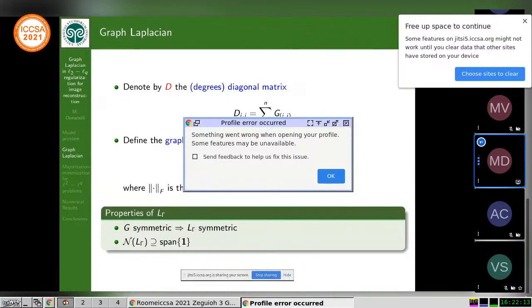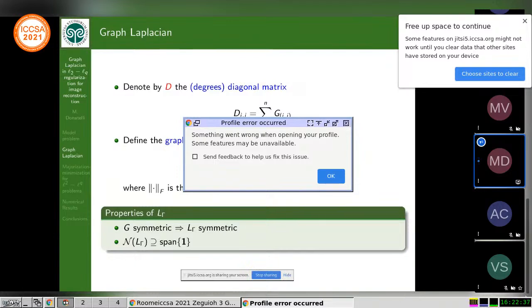Sorry, I have to define also the graph Laplacian before defining the graph of the image. To define the graph Laplacian, I need the diagonal matrix D, where the diagonal entries are the degrees of each node. Then, according to this simple formula, we can define the graph Laplacian.